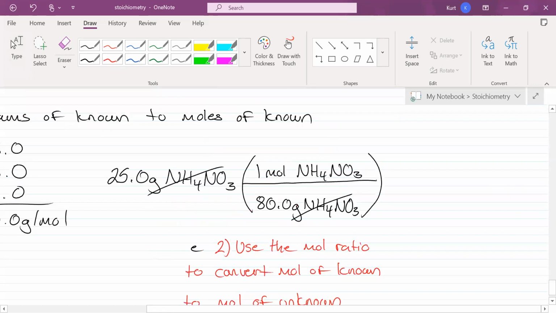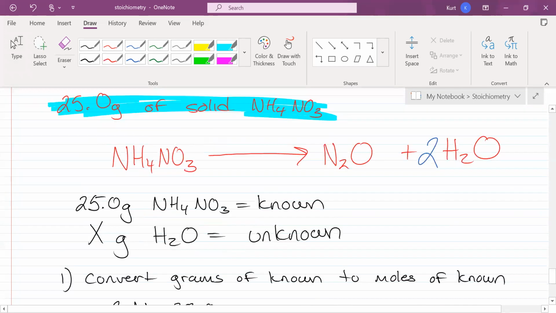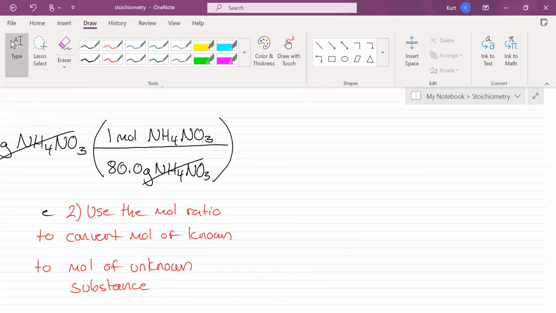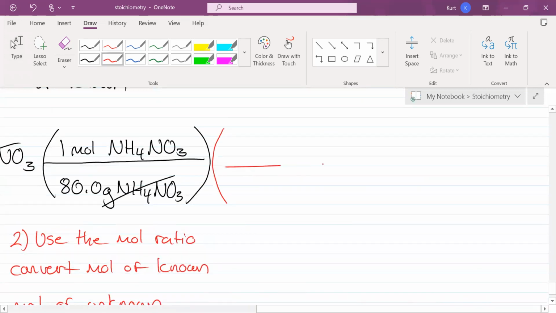So if I remember correctly, if I look back at our balanced equation, there's 1 mole of ammonium nitrate, there's 2 moles of water. So that's a 1-to-2 ratio. So here it is. This second step is our mole ratio step.